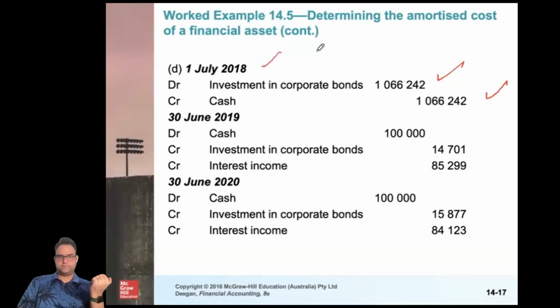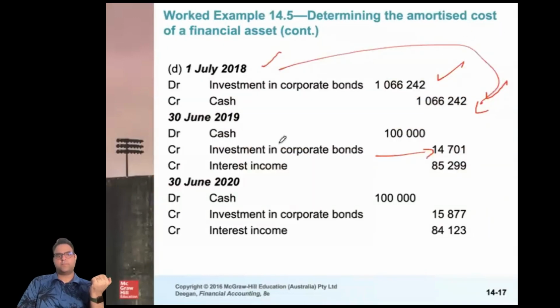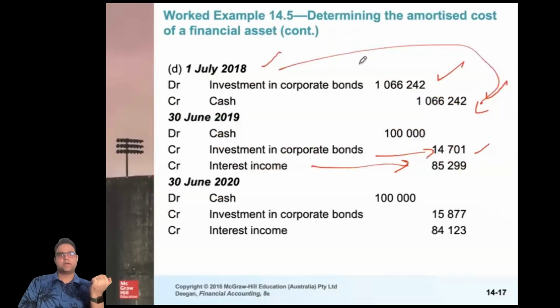Then after 1 year, on 30th June 2019, we receive the payment. The 14,701 is a principal repayment, so we credit investment in the corporate bonds 14,701. The remaining 85,299 is the first interest income.